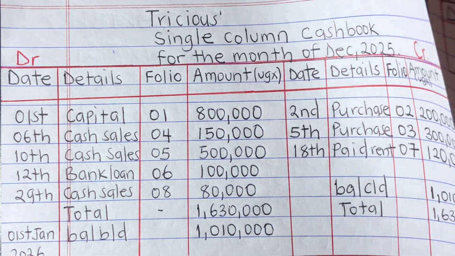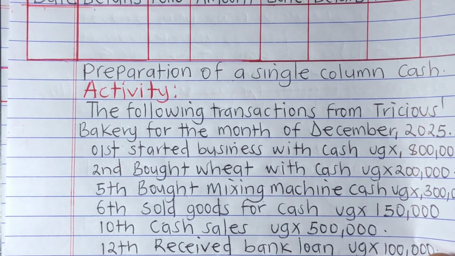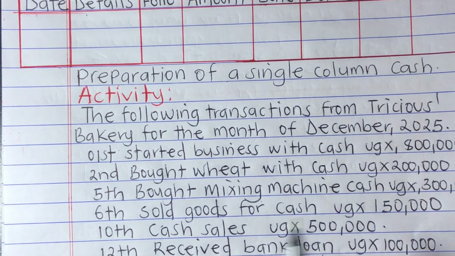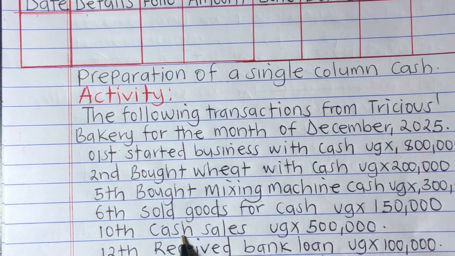Let's go to the next transaction. It is on 10th. We're done with 6th. On 10th, cash sales UGX 500,000, meaning if you sell, you receive the cash from what it sold. So it is a debit transaction, meaning here the business was receiving money.